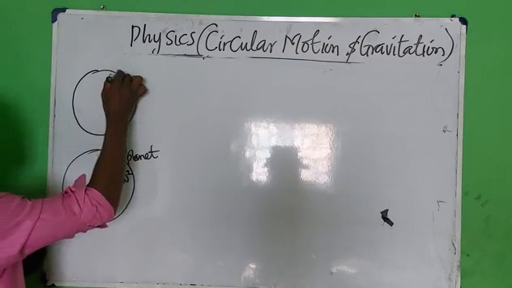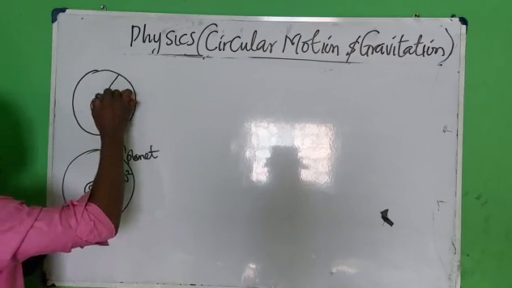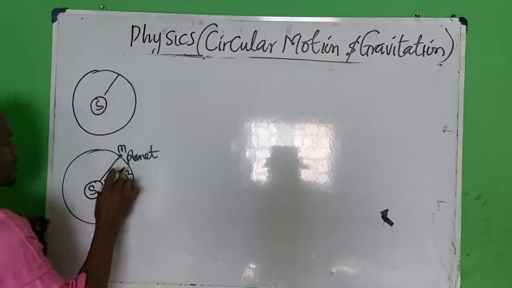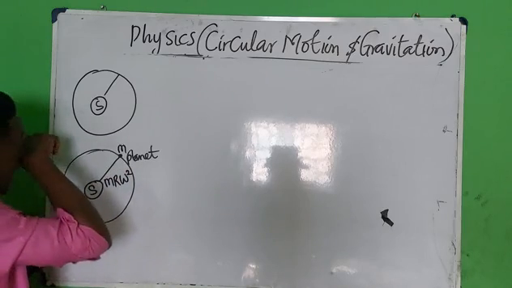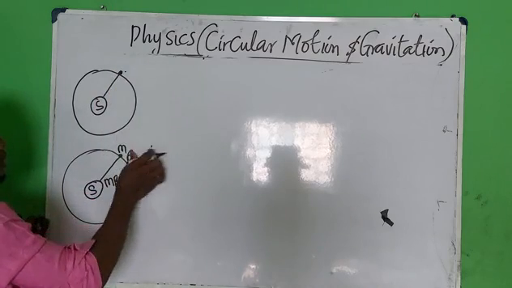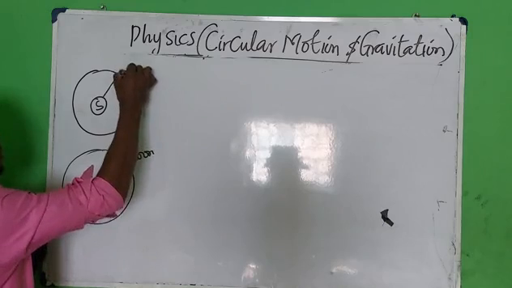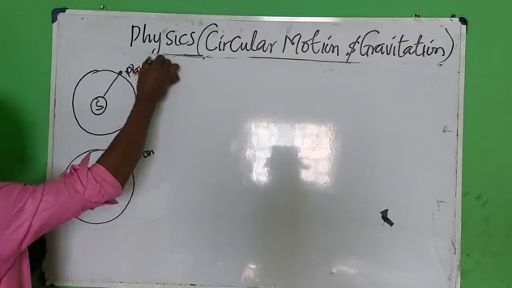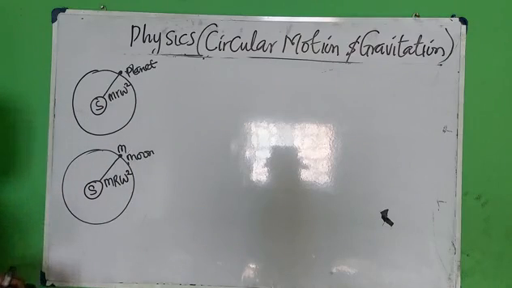Alright, so from this region is the sun. You have the sun here, there's the mass, and this place becomes the moon, planets, then mRw squared.